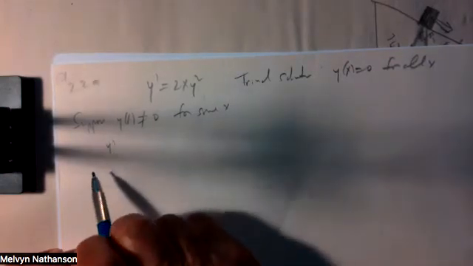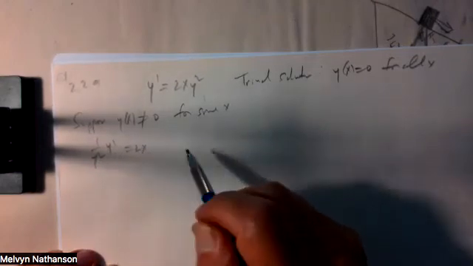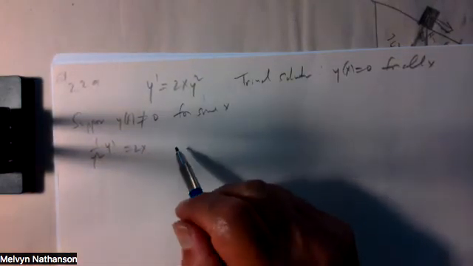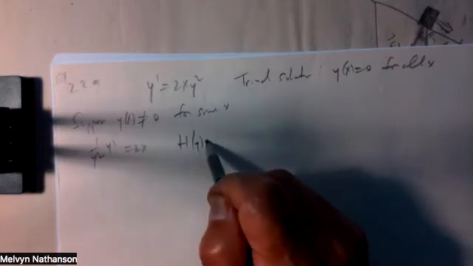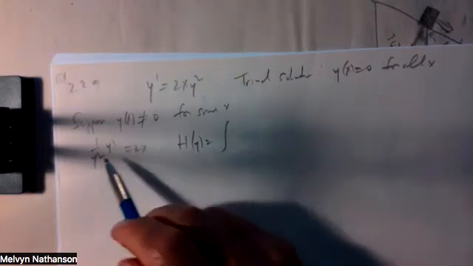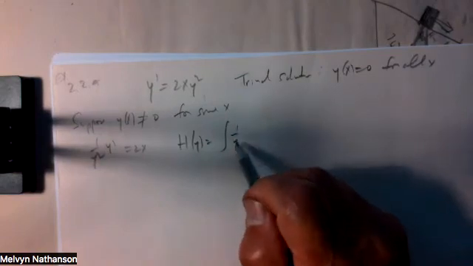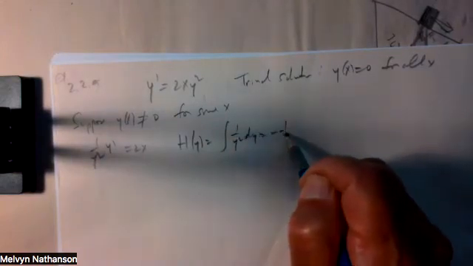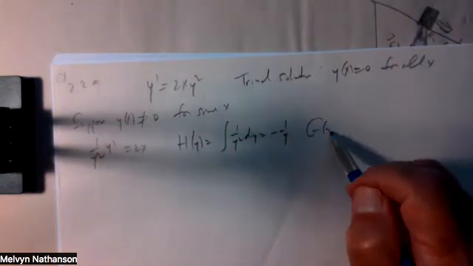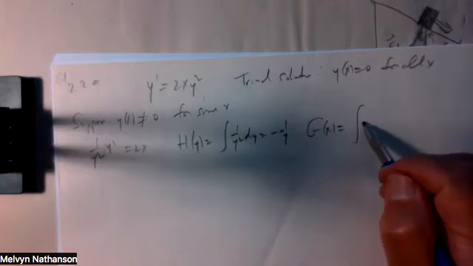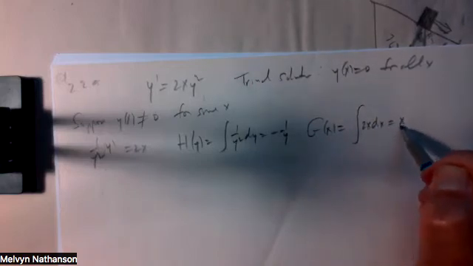We get 1 over y squared y prime is 2x. So my function capital H of y is the integral of 1 over y squared dy, that's minus 1 over y. And capital G of x is the integral of 2x, which is x squared.